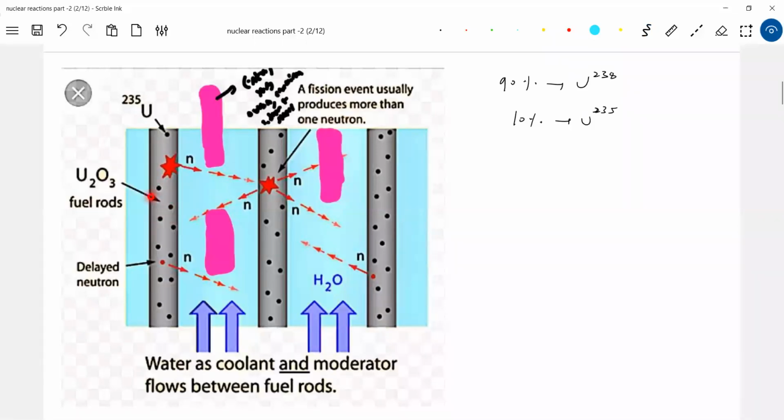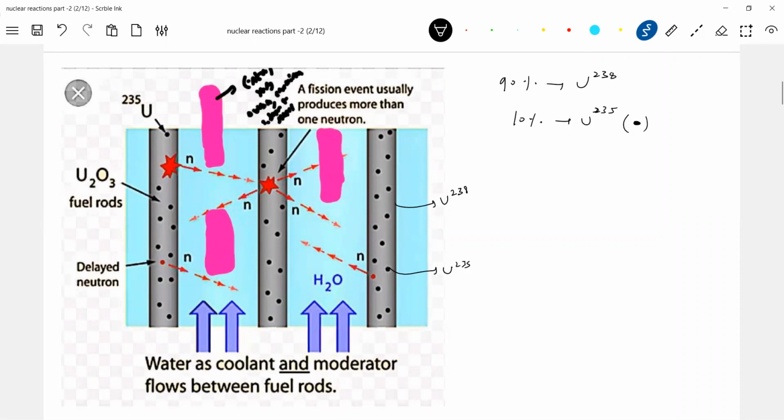The remaining everything is uranium 238, the rest of everything. So this is a dot we are showing, this is uranium 235 and this is uranium 238. What you can see, that gray color, the ash color, that rod itself is uranium.